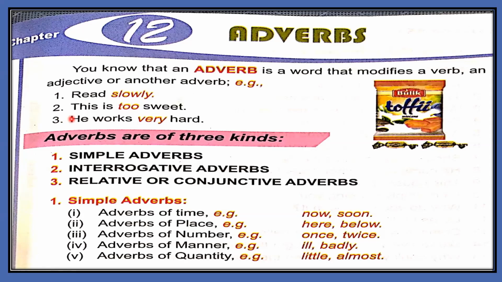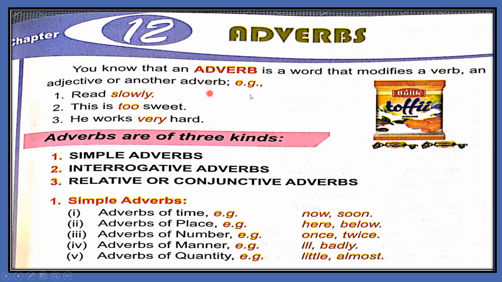In sentence number 2, this is too sweet. So here, too is an adverb, and it modifies the word sweet, which is an adjective.